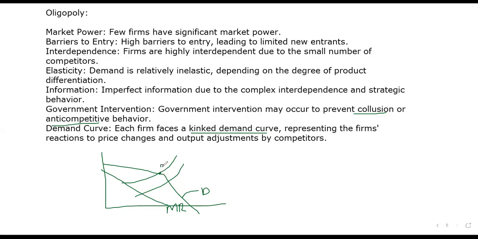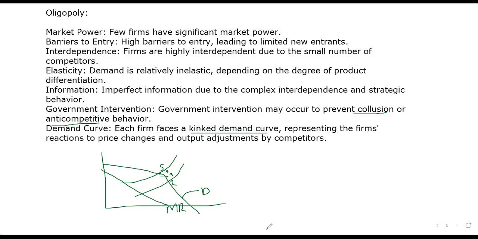For instance, if the upper limit is 5, the lower limit is maybe 2. So we agreed to sell at 3, and you're selling at 4. They'll leave you because they're not agreeing. If you go to sell at 3 and we agreed at 4, they'll go below you and sell at 2, so that they put you off the market. So this is what happens at the kink. So the kink allows for these rigidities in price and output.